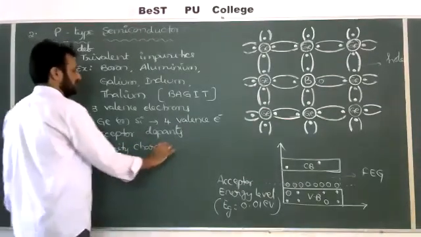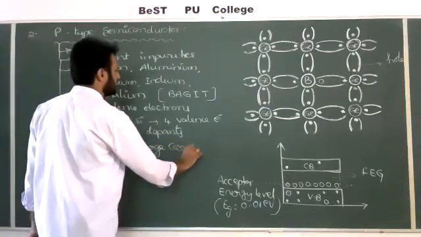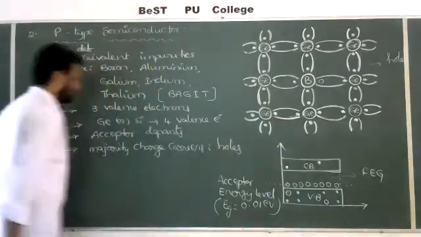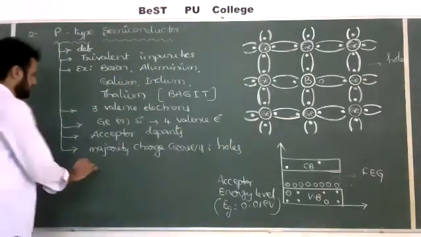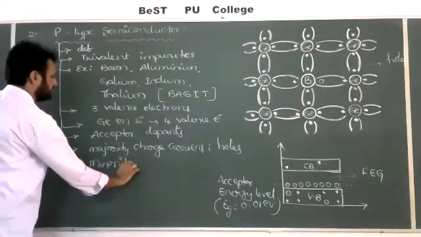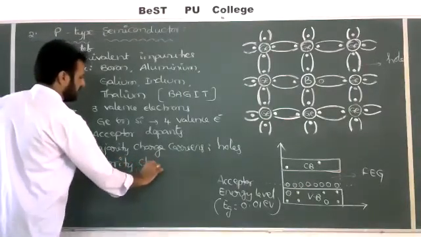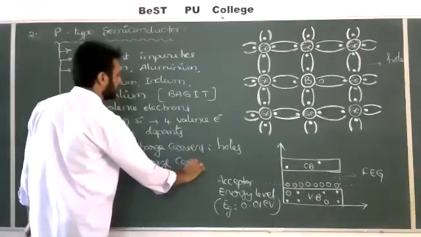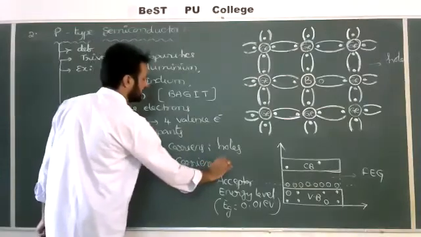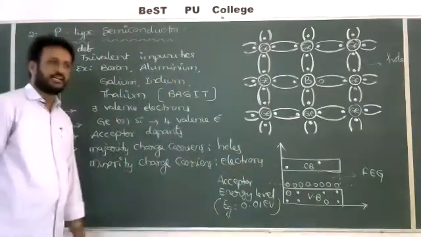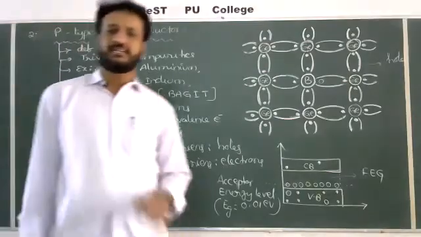Holes are majority charge carriers and electrons are minority charge carriers.